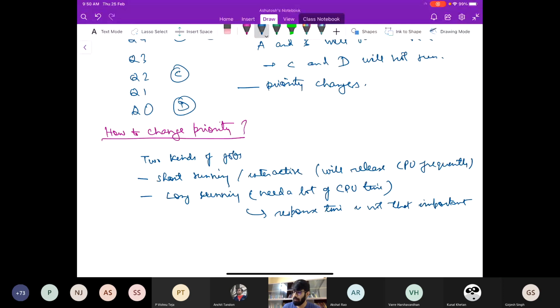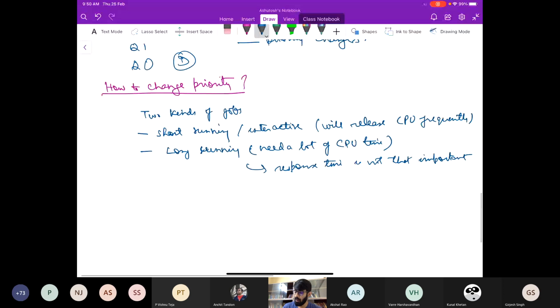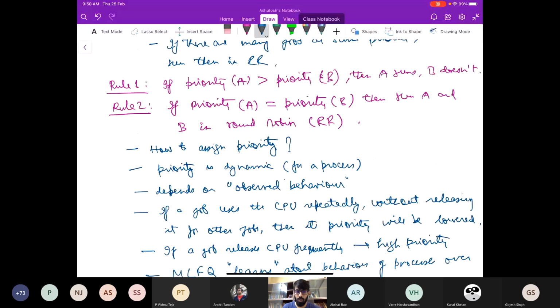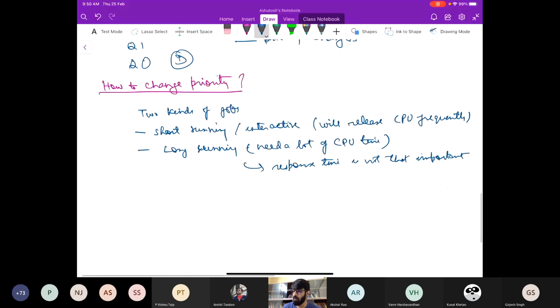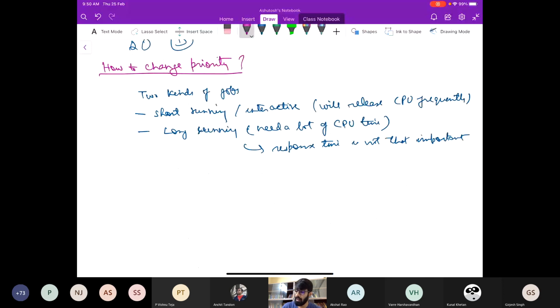Now we'll have some more rules. We had two rules before, which were just about priorities: if priority of A is greater than priority of B, then A runs, B doesn't. If they are equal priority, then they run in round robin. Now we'll write another rule.